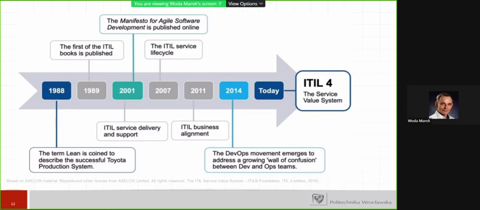So that was also the same year. Then in 2011, that was version v3, which was more aligned to the business goals of many organizations, as the 2011 edition was slightly dated already. And right now we have ITIL v4, which is called the service value system. We will have a look at that at the end of the next lecture.